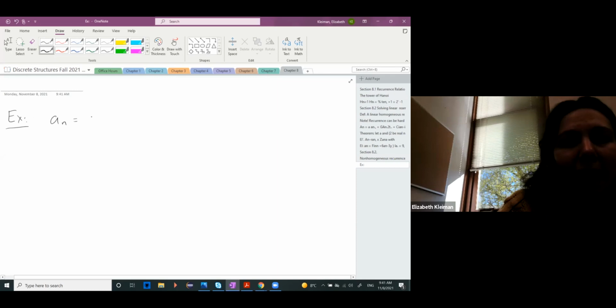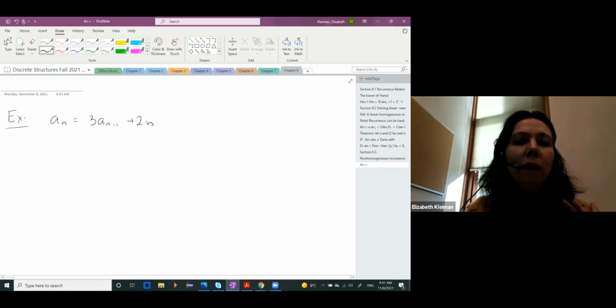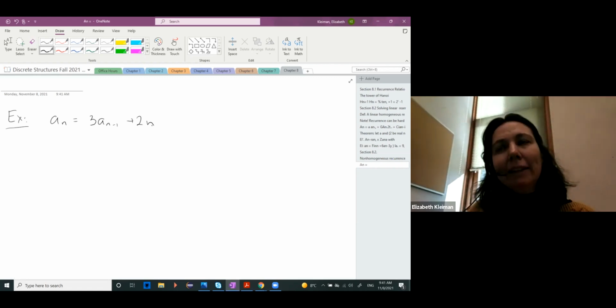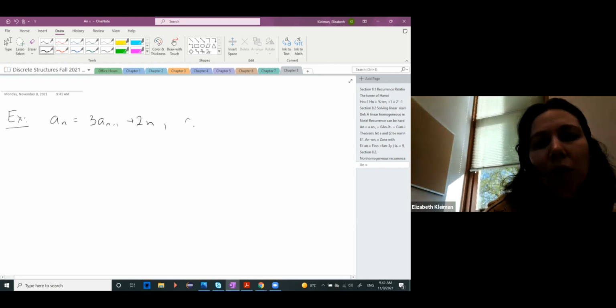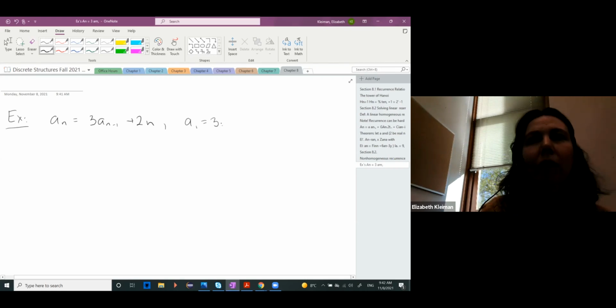Let a_n be 3a_(n-1) plus 2n. In this case, we also need the starting condition, which is a_1 equals 3. So the question is, what is the solution of this recurrence relation?